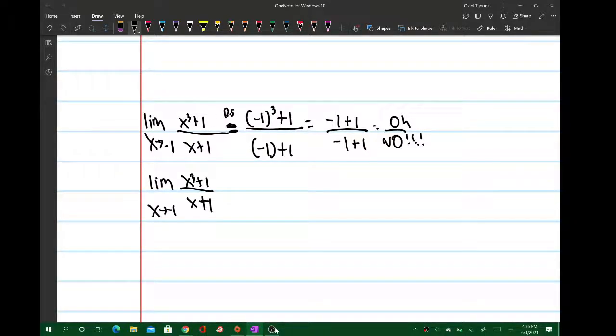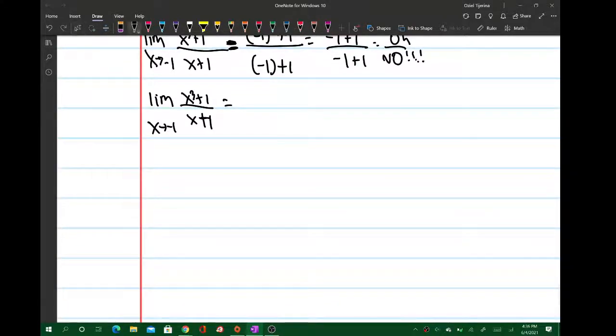Now, for this one, you're going to have to remember what the sum of two cubes pattern is. This is something that I won't lie to you guys, I always kind of forget.